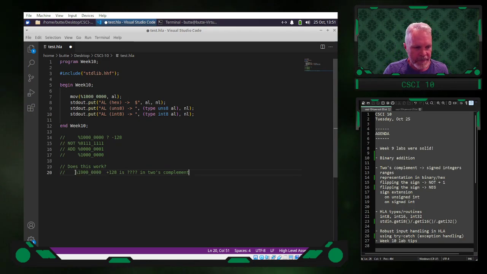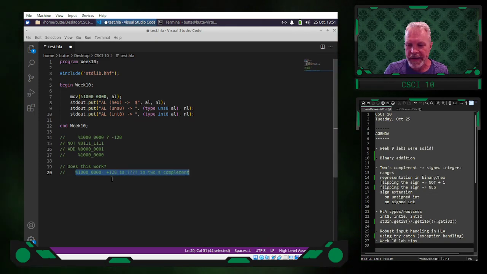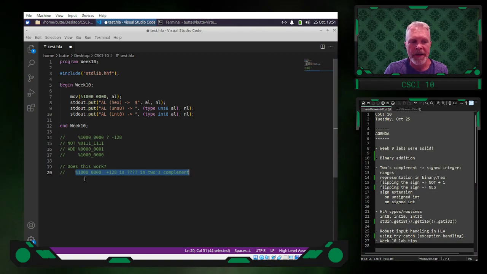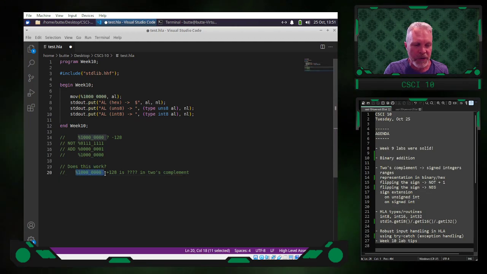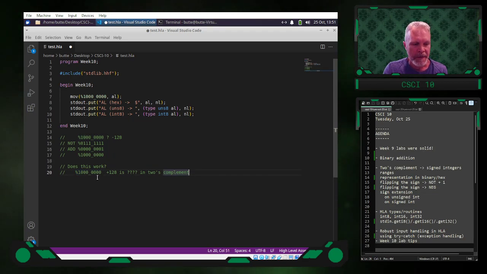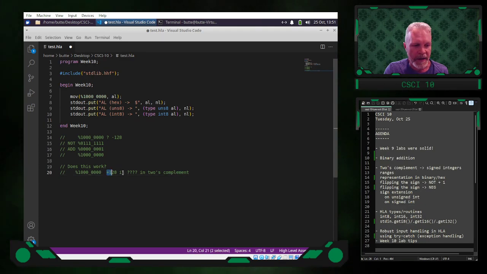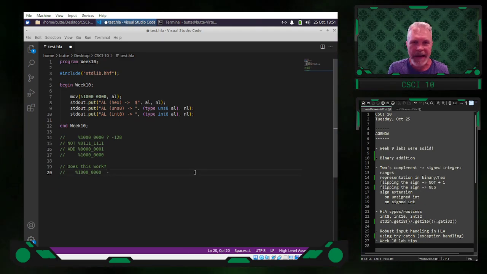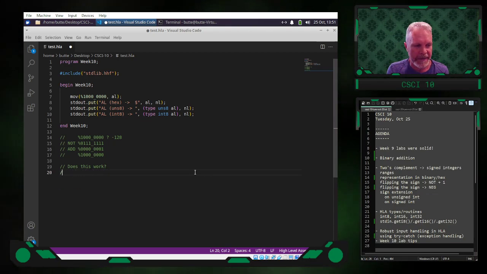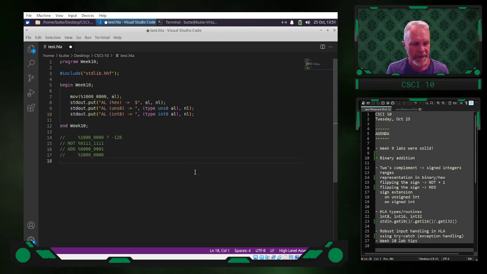Can I say this is positive 128 in two's complement, so what would it be negative? You would. So the answer is you can't do negative 128 in two's complement. You run out of space. So if you see this value and someone says it has to be negative, it has to be negative in two's complement. So it cannot be positive 128 because that does not exist in two's complement.